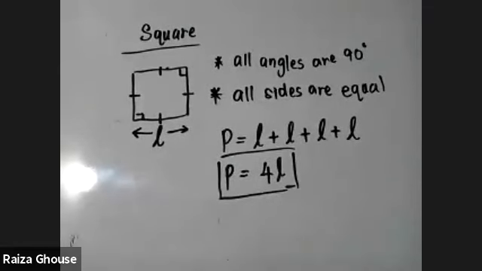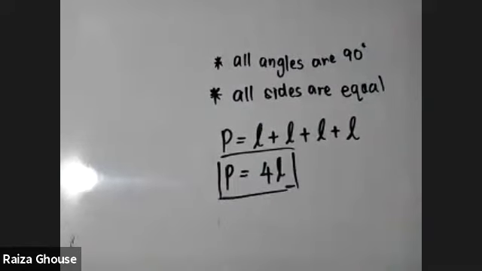Now questions. I don't need you to draw squares, I'll give you the words. Okay, I'll erase this now. All angles are 90 degrees. All sides are equal. Perimeter formula 4L.